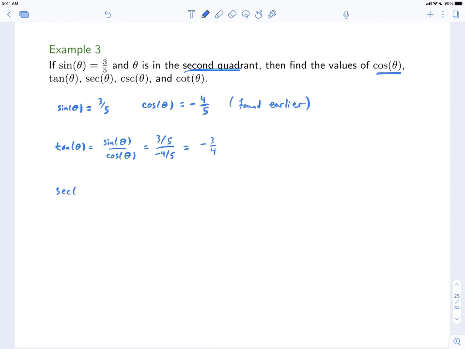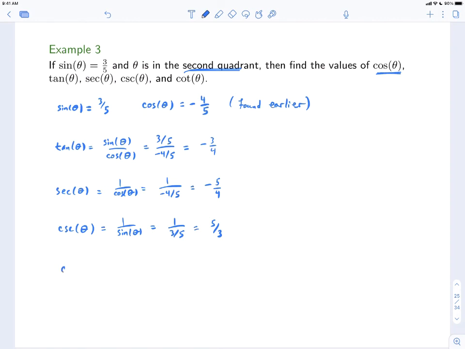Secant of theta is 1 over cosine of theta. So that means it's 1 over -4/5, which means it's -5/4. Cosecant of theta is 1 over sine of theta. So that's 1 over 3/5, which is 5/3.